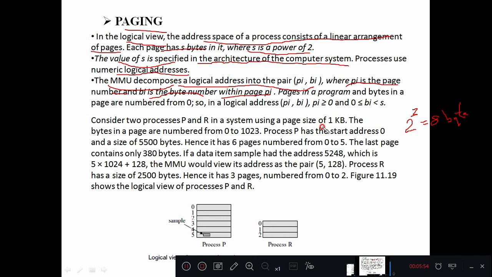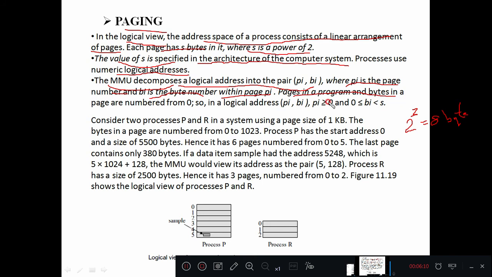This technique we already discussed in case of non-contiguous memory allocation, where the page was identified as the process component, and the byte was the same. Instead of process component, we are writing it as a page, right?